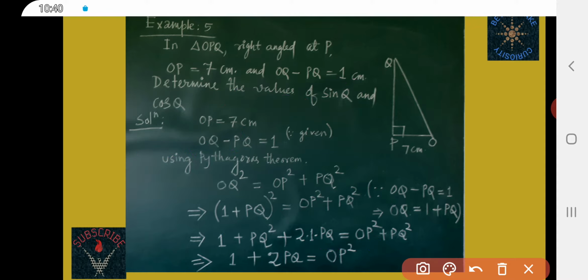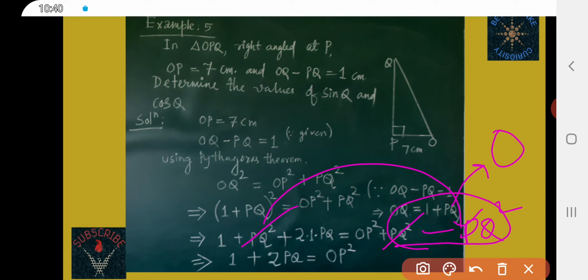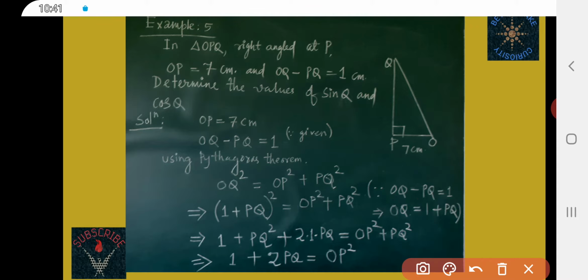Now you see PQ square left side, right side also, you can cancel them. Why? If you take this right side, then minus PQ square. Okay, so PQ square minus PQ square is equal to how much? Gives you 0. Okay, that's why they are cancelled. Same, then 1, PQ square cancel, so 2PQ is equal to OP square.